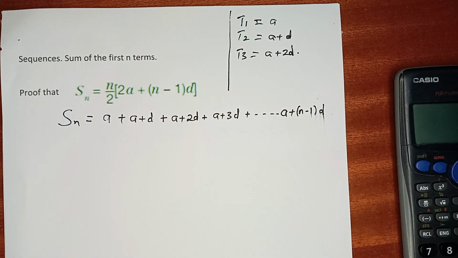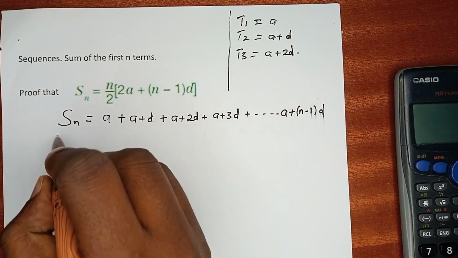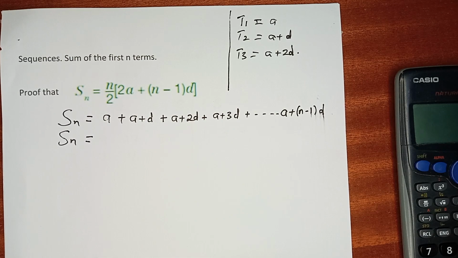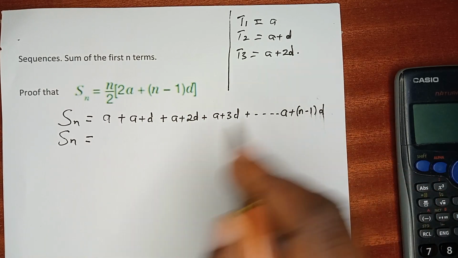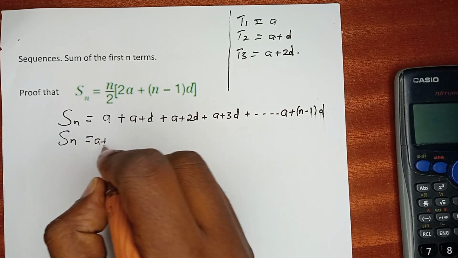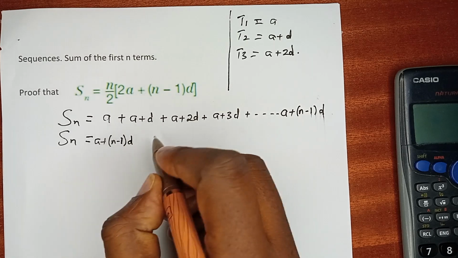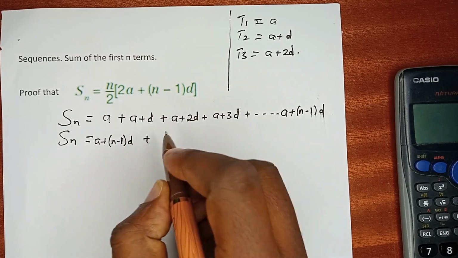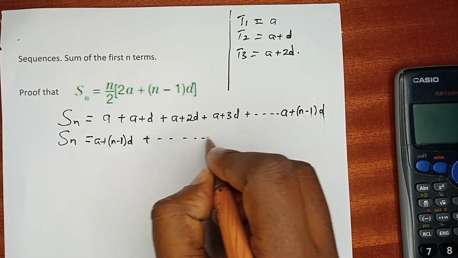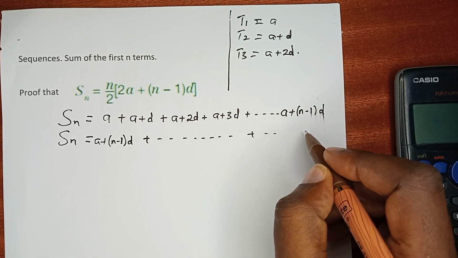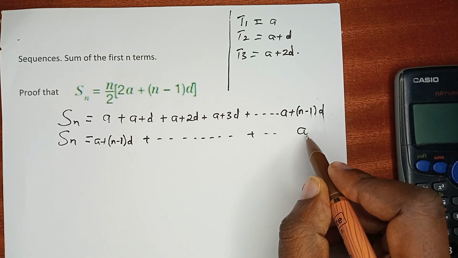Previously, we have been told the trick that we need to use here is just have another sum of the same first n terms, but this time start from the reverse. Start from the very last term. And we have it like a plus (n minus 1)d, plus the second last, plus the third last, plus all the way plus the first term here, which is a.